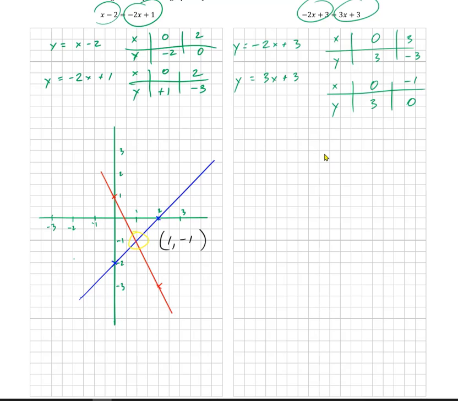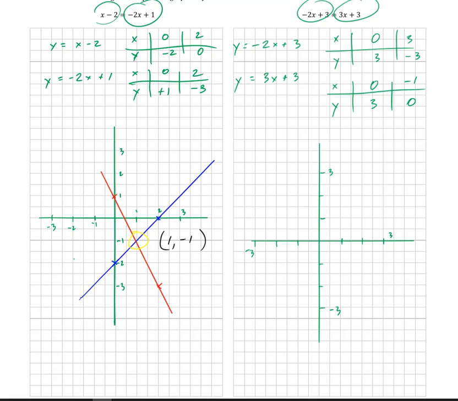This time I'm going to make the divisions 2 squares for every division. Okay, so that's going to be 1, 2, 3, and 1, 2, minus 3, and the same going the other way.